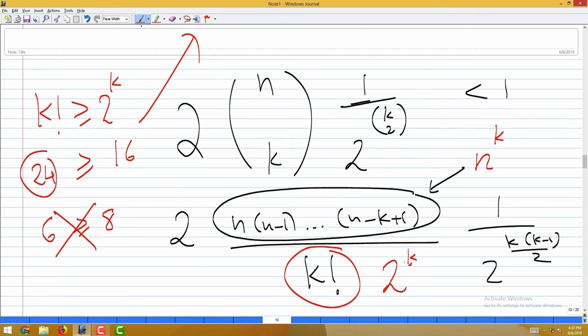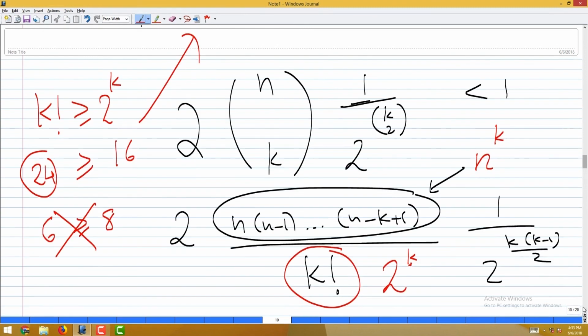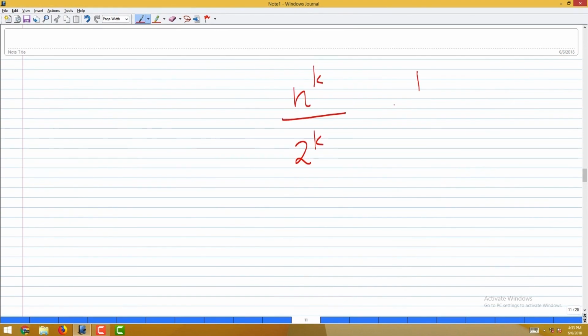Therefore, I put 2 raised to k below, and then it will so happen that this will be n raised to k divided by 2 raised to k, and 1 by 2 raised to k into k minus 1 by 2 here, right.